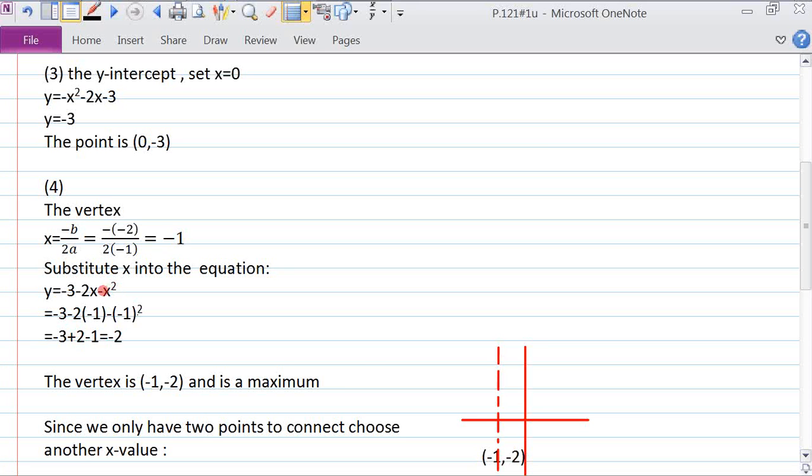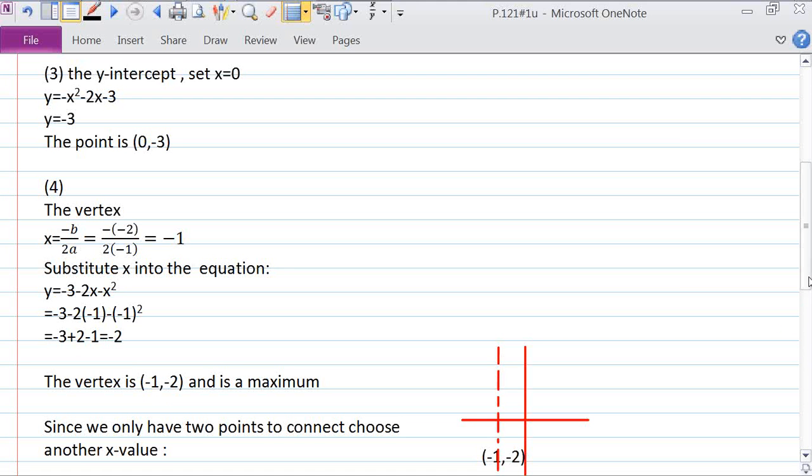And here we have minus x squared, but the x is -1 squared, which would give me 1. And with a minus in front, I have -1. So let's do -3, and -1 is -4, plus 2 is -2. So the vertex is -1 and -2.